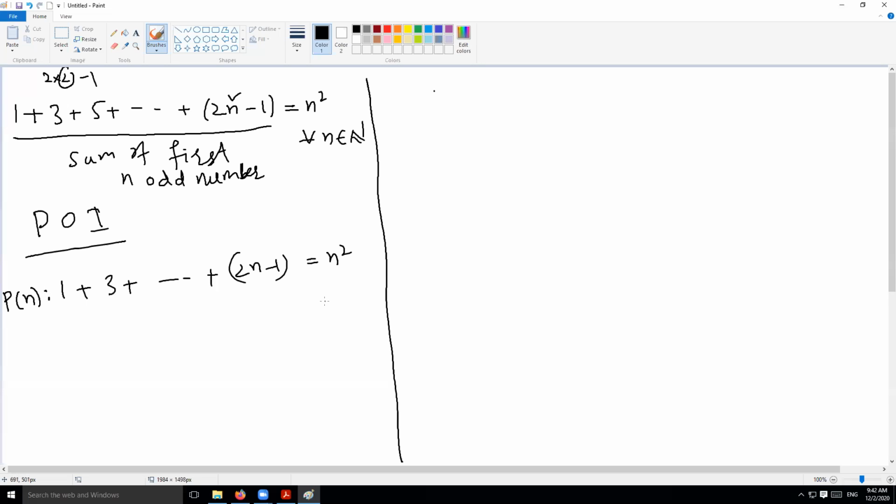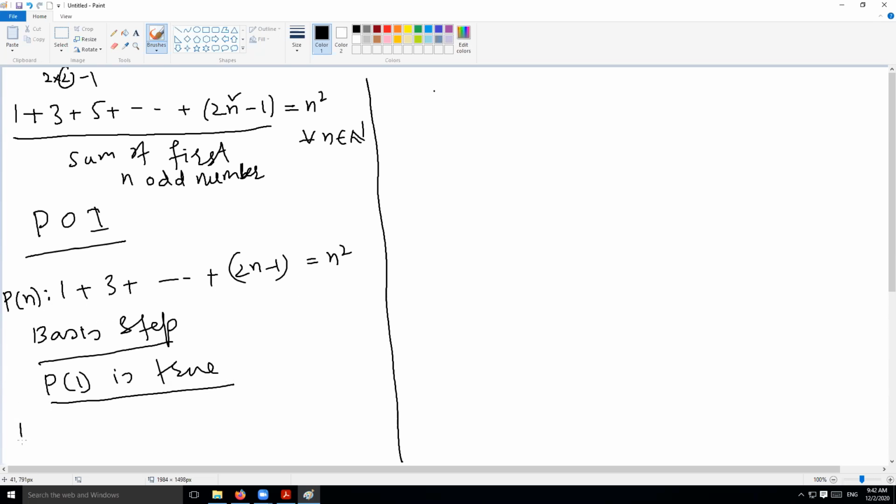I would like to prove this for all natural numbers. So first I need to do what? By the principle of induction, the basis step. And what would be the basis step? Verify that P of 1 is true.